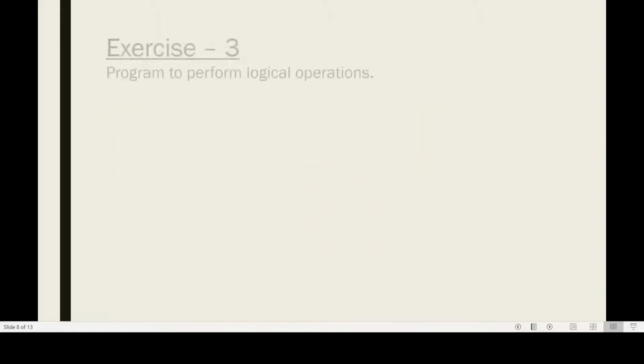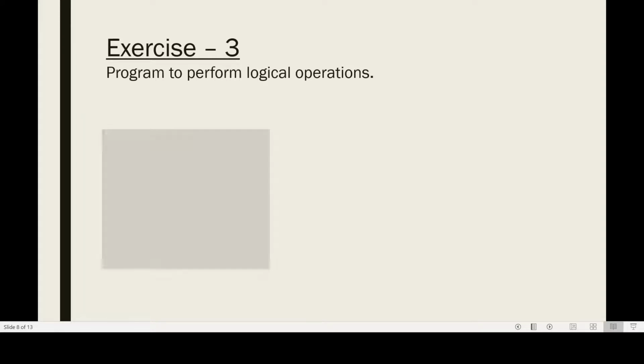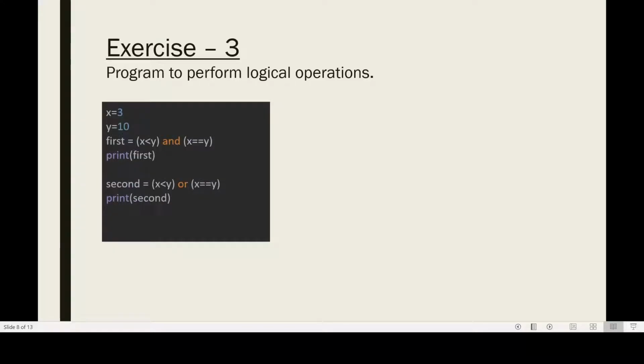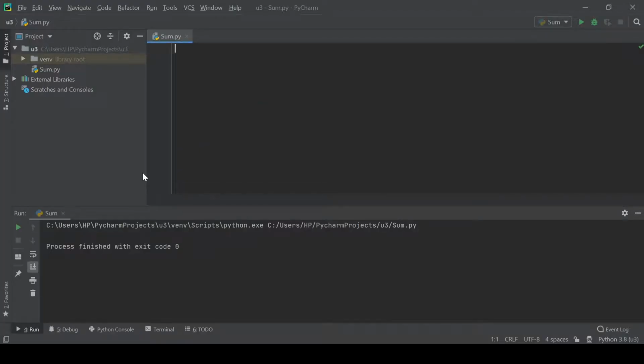Let us see a program for the same. A program to perform logical operations. So here we have a program for the logical operations. Now say I am declaring two variables. Now this time I have changed the value of x and y, and I write a statement first equal to x is less than y.